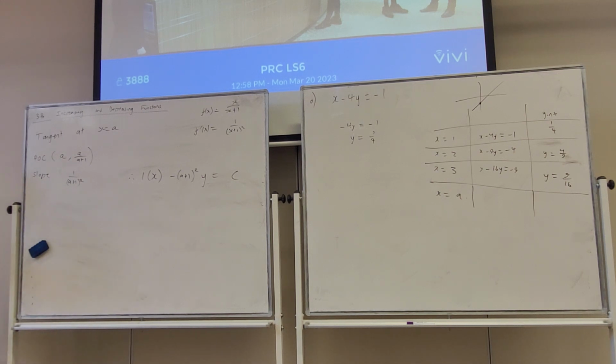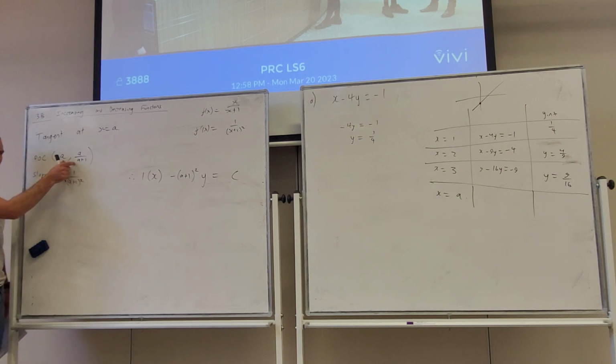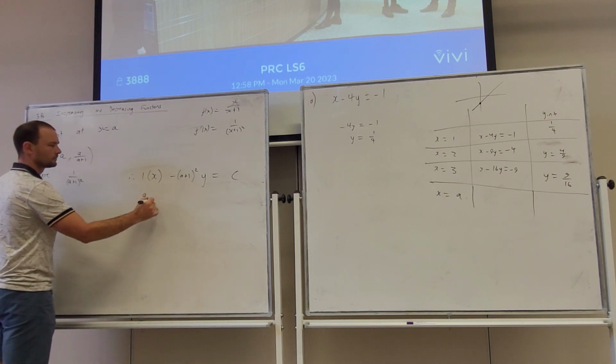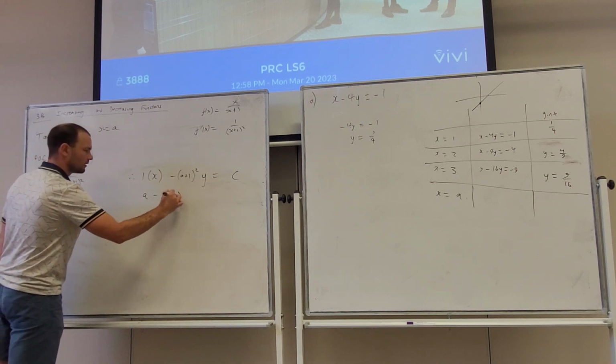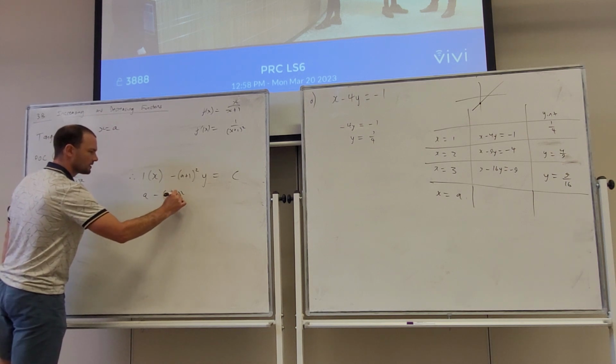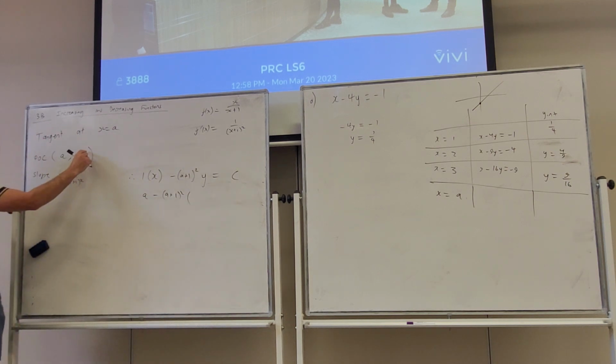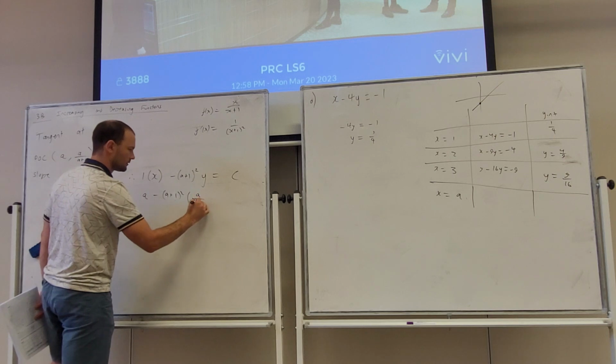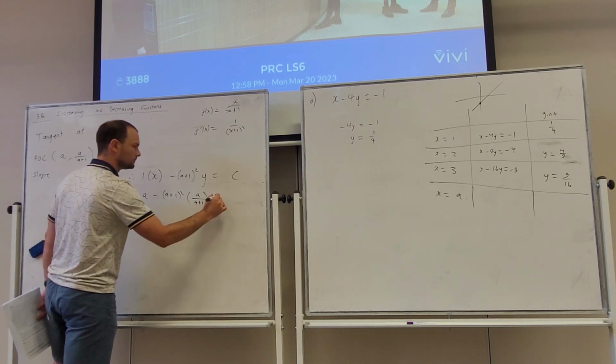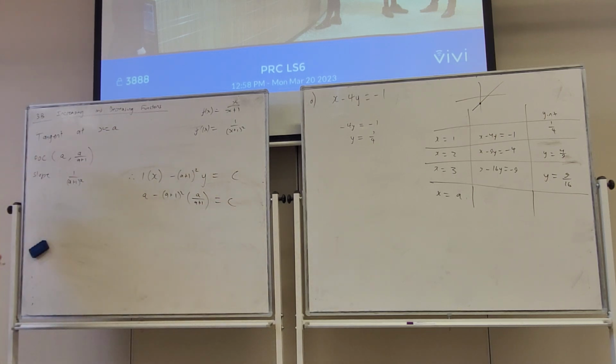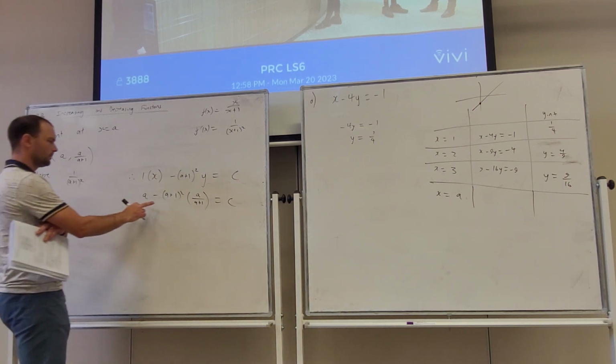Now, to determine the value of c, we substitute in, when x is a, y is a on top of a plus 1. So I'm going to put that where the x is, and (a plus 1) squared where the y is. Okay, we'll process this a little bit.